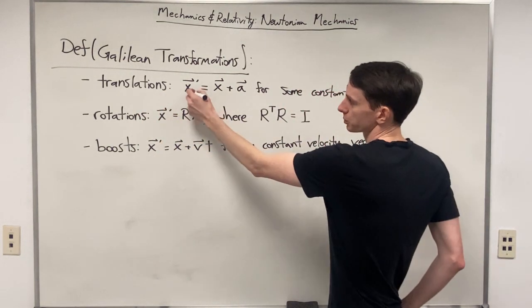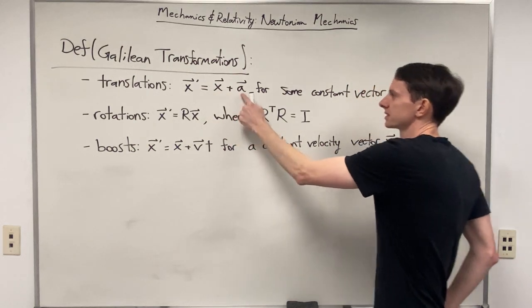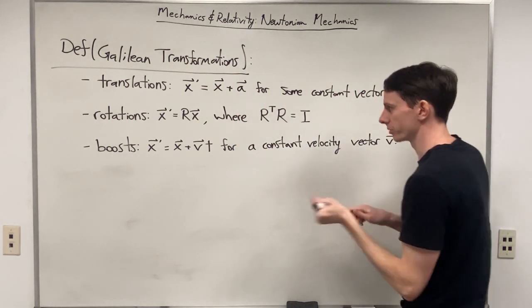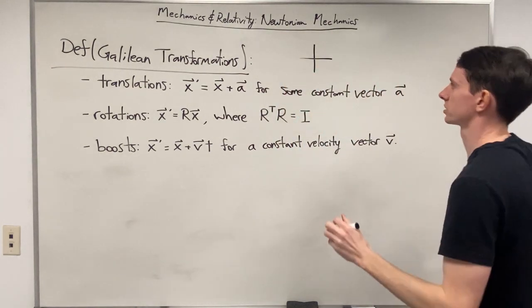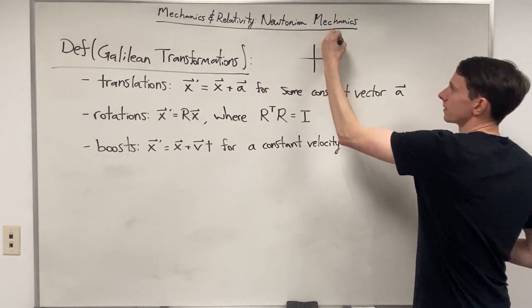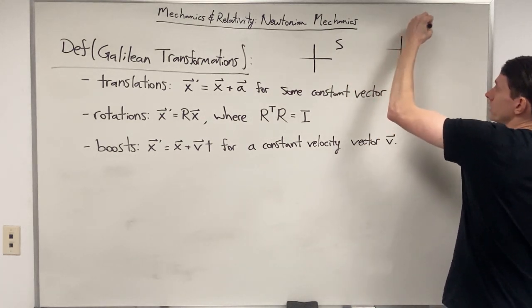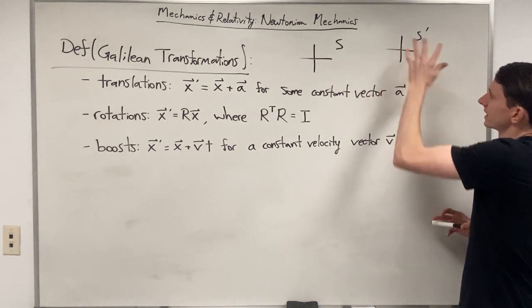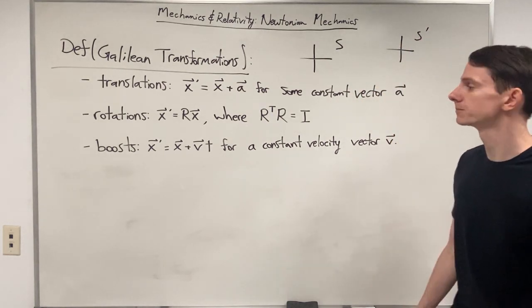You can have x prime, your primed coordinates, equaling the unprimed coordinates plus some constant vector a. This was the example we were talking about at the end of the last whiteboard, where we have some fixed reference frame here, S, standing stationary, and another one over here that is also stationary, S prime. We would say that S and S prime are related to each other by a translation in space.